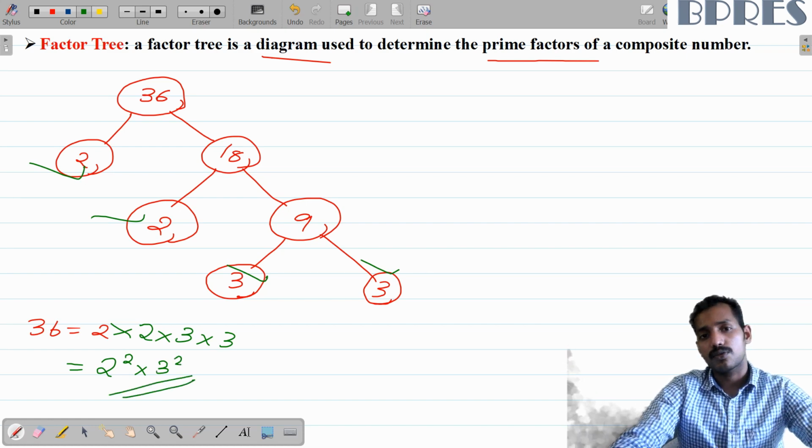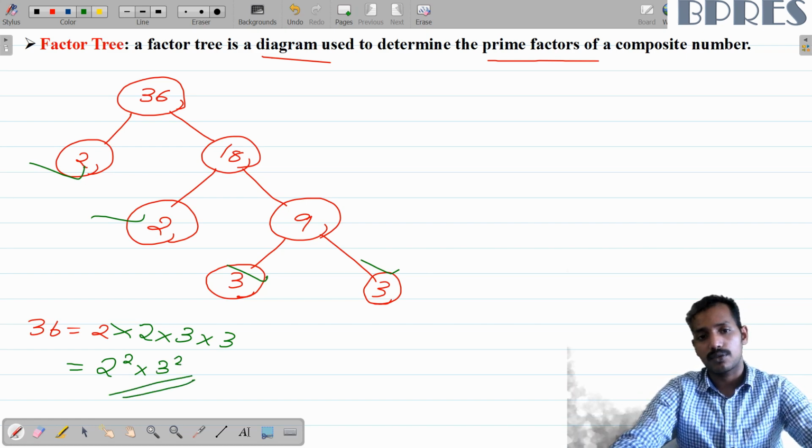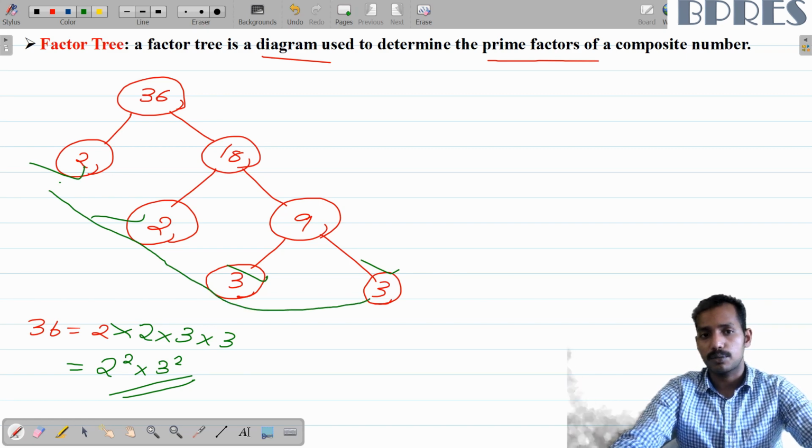See here, this factor tree is used to determine the factors of the composite number 36. Remember, not all factors present in this tree are prime factors; only if you take the left side like this, we will get prime factors.